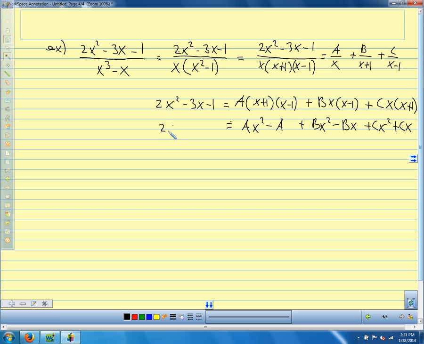And this equals 2x squared minus 3x minus 1. Gather all my like terms. So I have A plus B plus C times x squared. For my x's, I have minus B plus C times x. And for just my numbers, I have minus A.